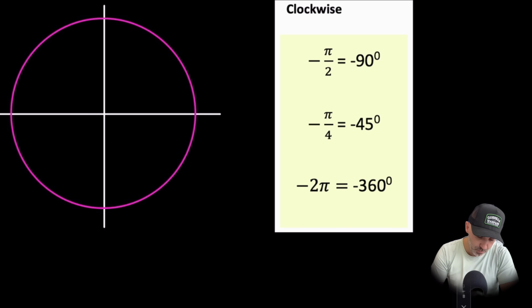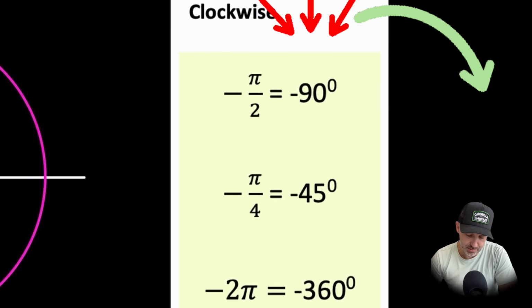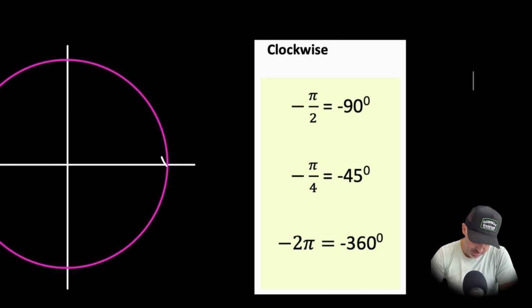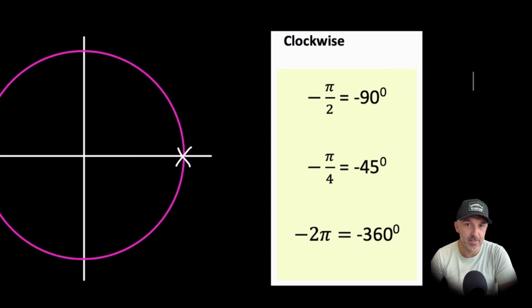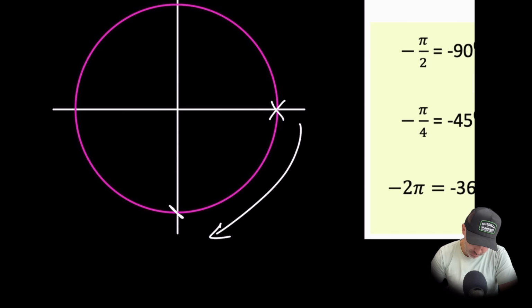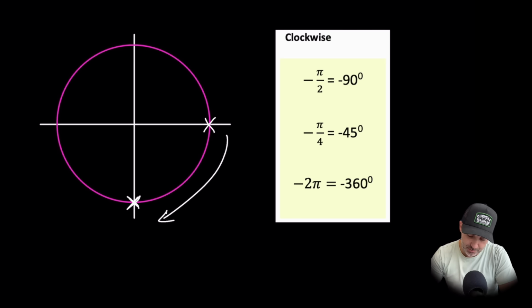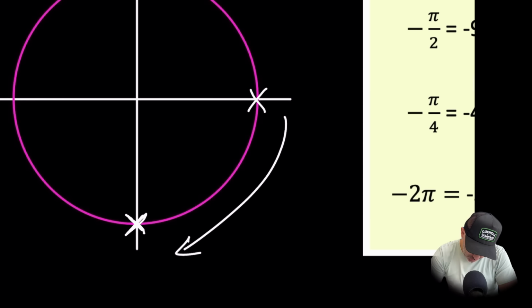Let's briefly talk about what happens if it is negative. That is just a movement in the clockwise direction. So if we start here and we move -90, it means that we are going to move -90 this way, so you will be at this location here. The same goes for, let's say, -45. We'll start here and we move -45.